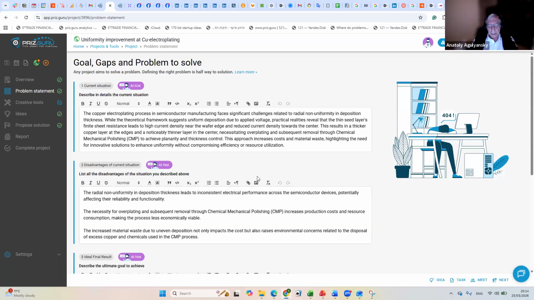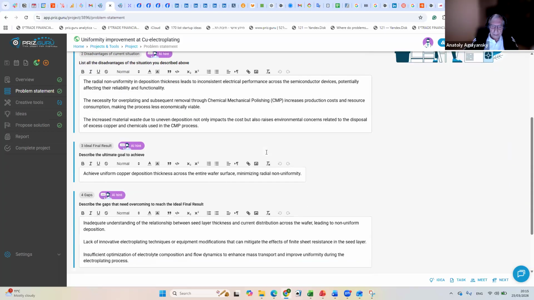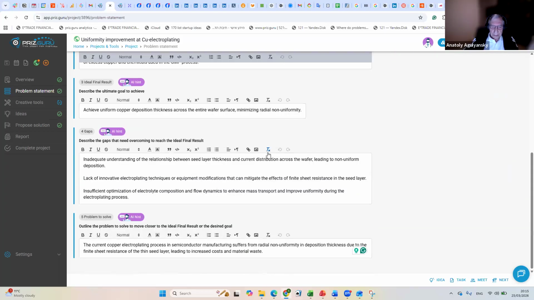And semiconductor manufacturing accepted it and tried somehow to fight with this, but accepted it. This is not an excursion. It's not a problem that suddenly happened. This is a failure or problem by design.